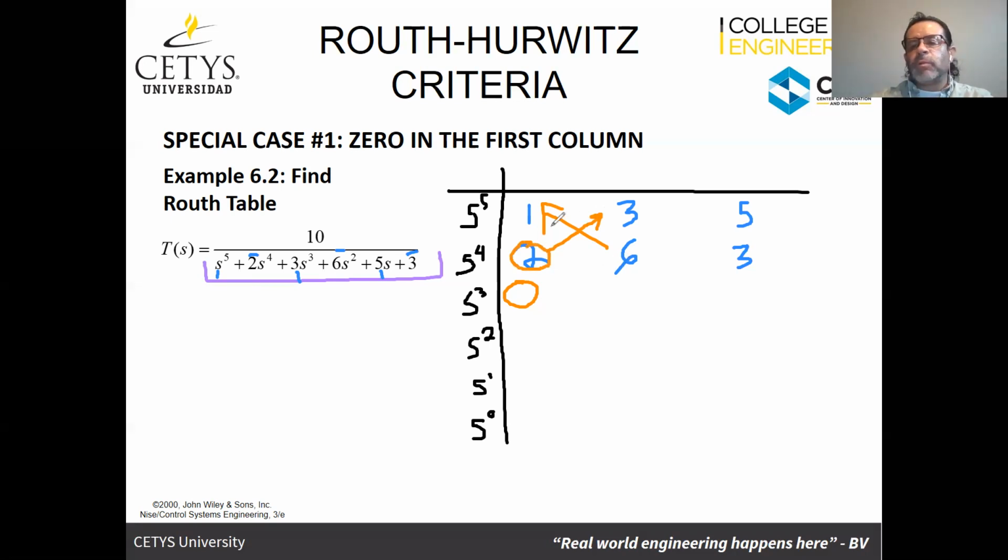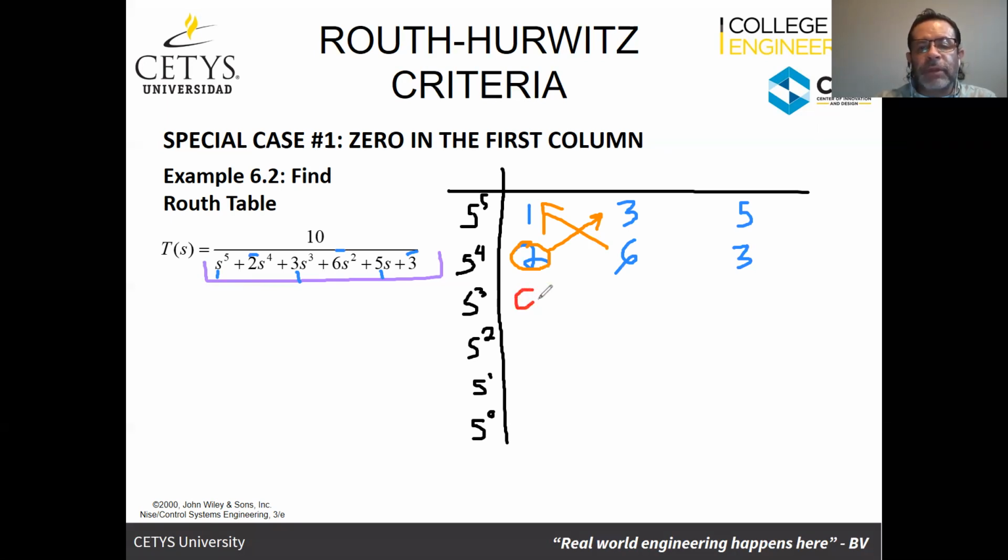So 6 times 1 is 6, 2 times 3 is 6, 6 minus 6 is 0. Negative 0 divided by 2. This value that we have here is going to be a 0 once we do the calculation.